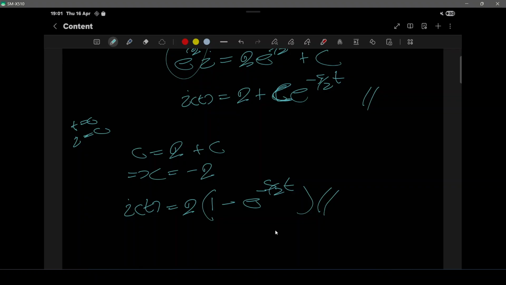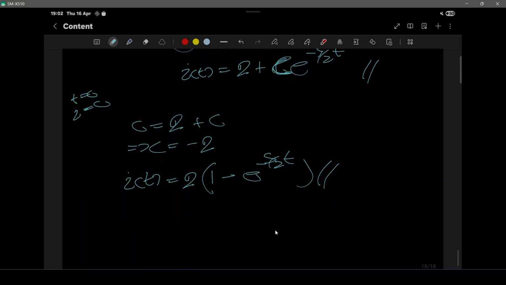If we are moving further and if you are looking forward to electrical engineering, this is some kind of application that you will find. There is something we call the steady state. It is I equal to 2 amperes, and steady state means when t goes to infinity, so that means when the time is infinite.